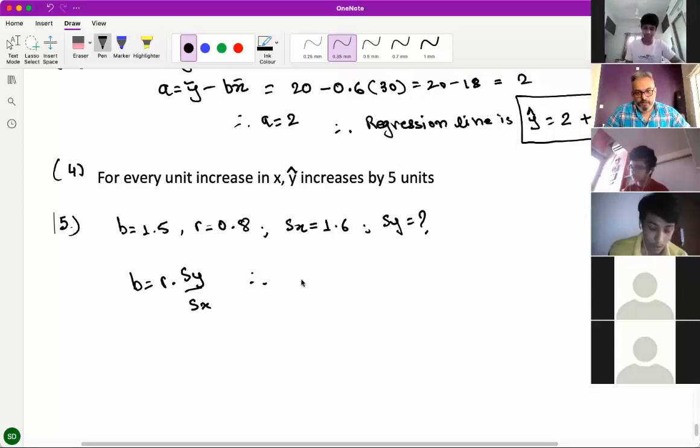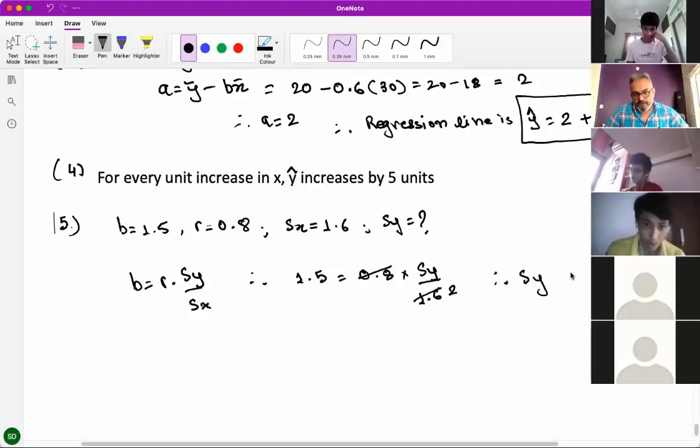Therefore, 1.5 is equal to 0.8 into standard deviation of y upon standard deviation of x. So 0.8 twos are 2, we multiply, therefore standard deviation of y is equal to 3. Answer.